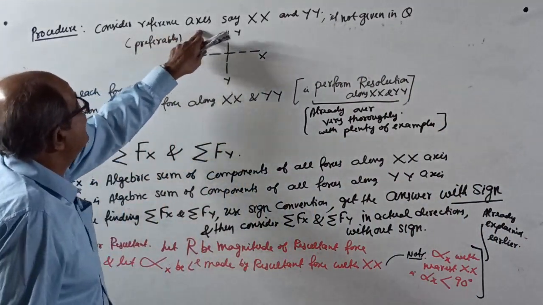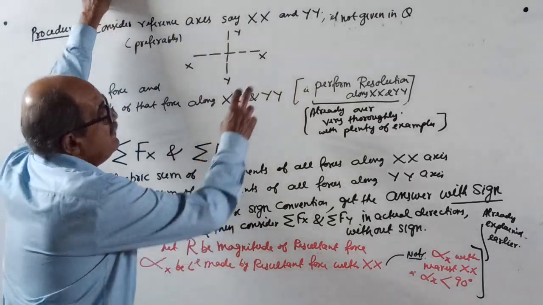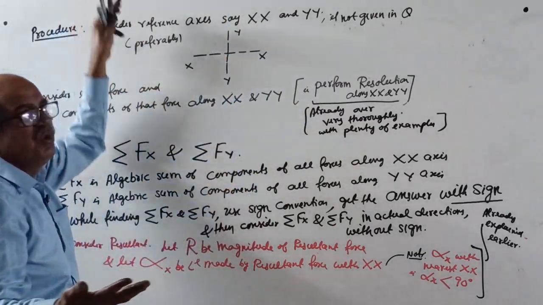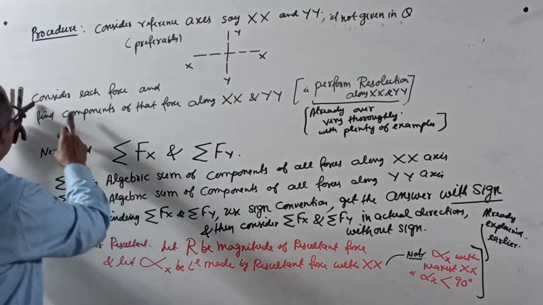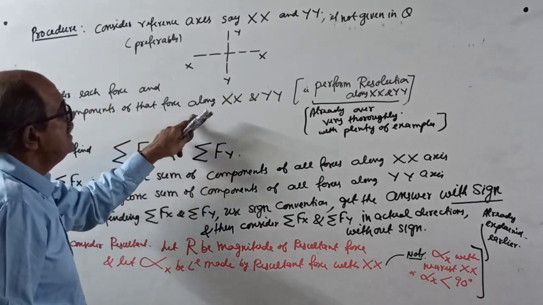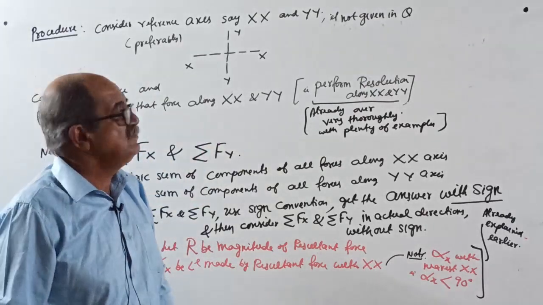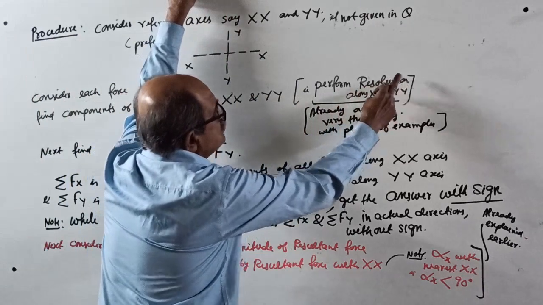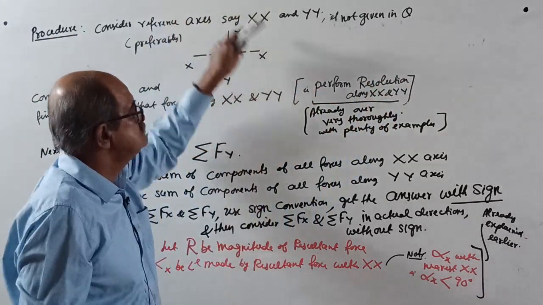Consider reference axis, say x-x, y-y, if it is not given in the question, preferably this way. Okay, this all you know it already. Next, consider each force and find component of that force along x-x and y-y. That is, perform resolution along x-x, y-y.